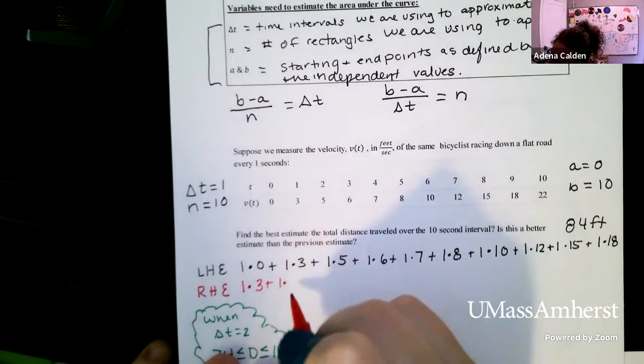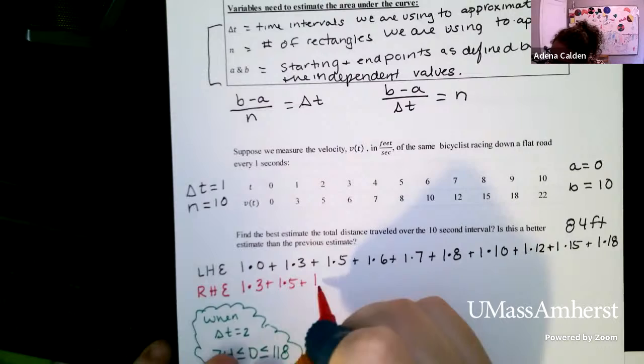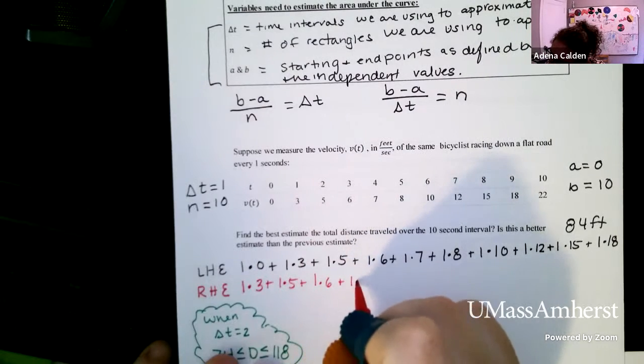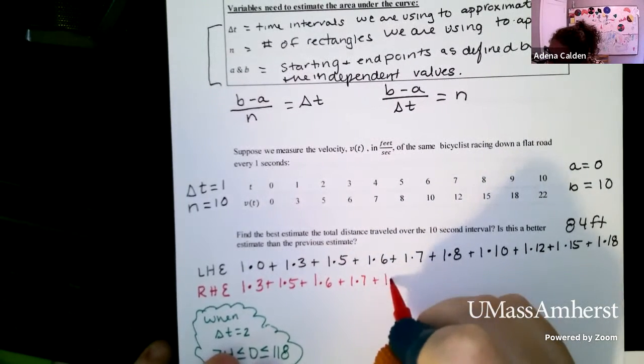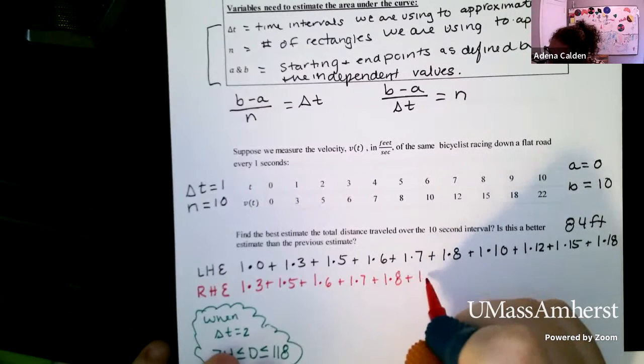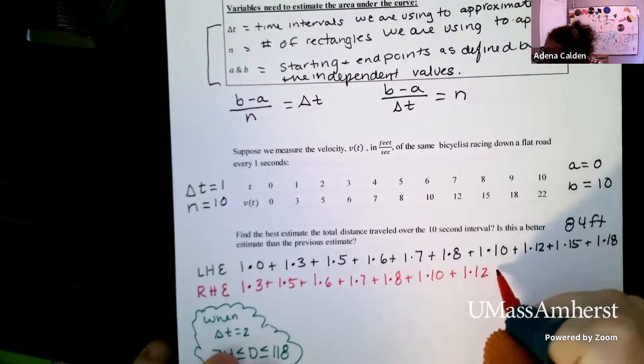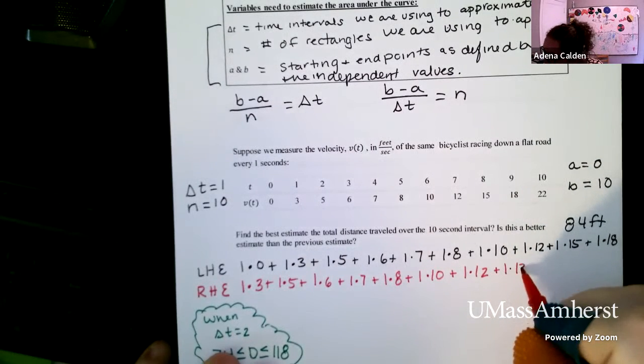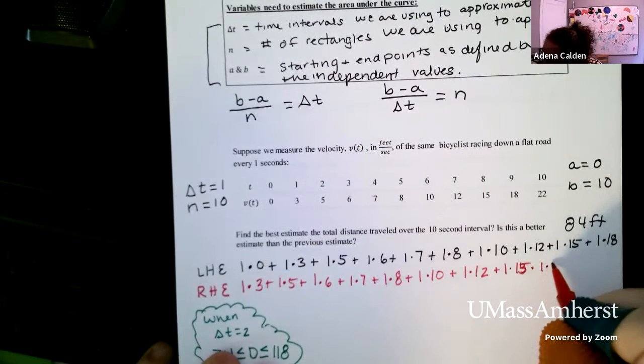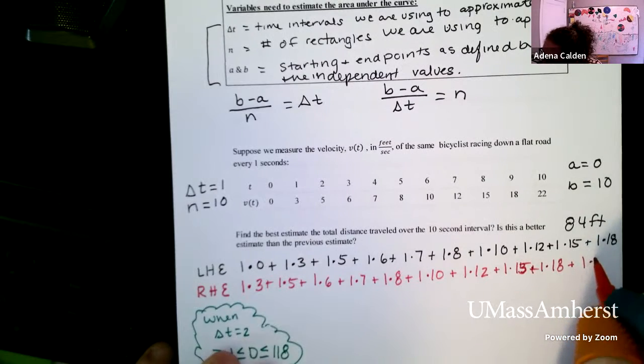And then we're going to pick 5, and then 6, 7, and then 8, and then 10, and then 12, and 13, oh, 15, and then 18, and then 22.